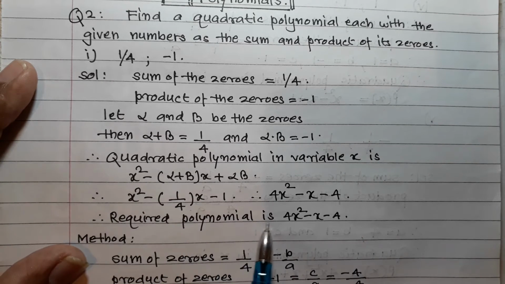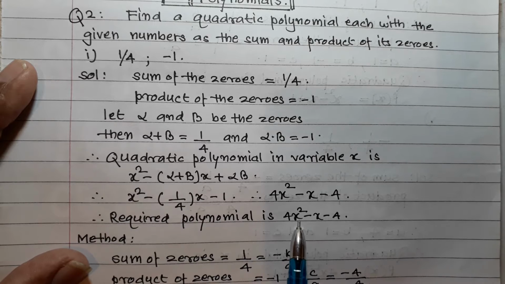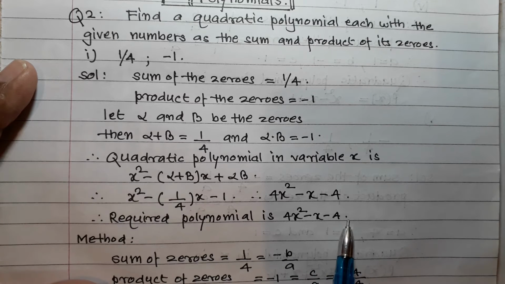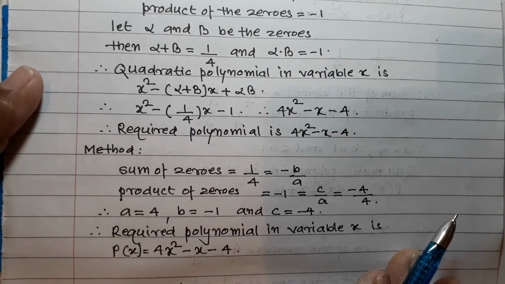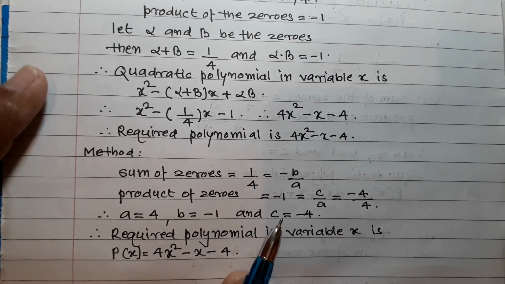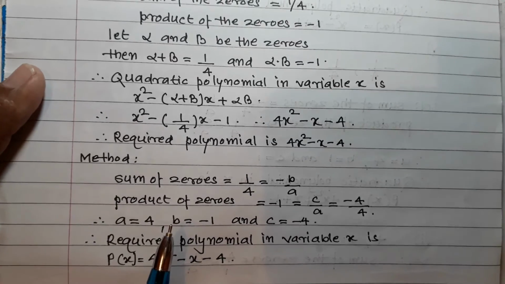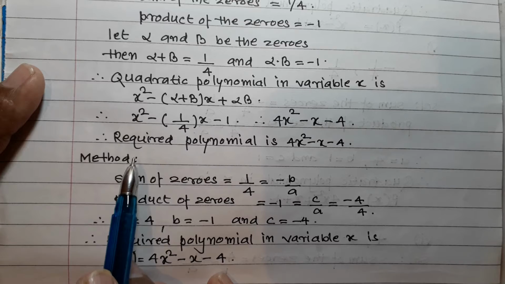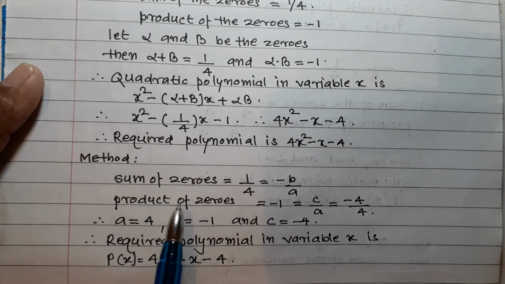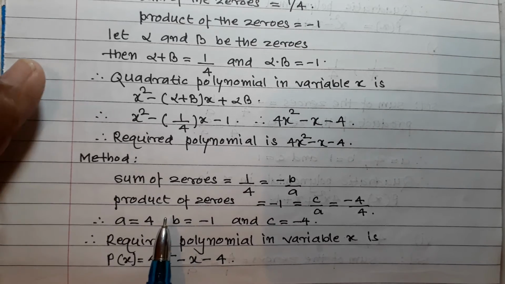So the required polynomial is 4x square minus x minus 4. You can solve this example by some other method. So this is an alternative method and this method is very useful.